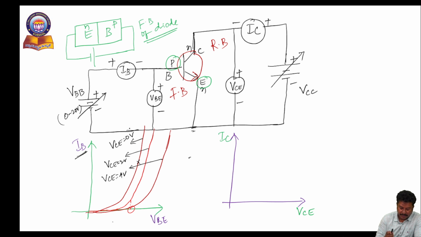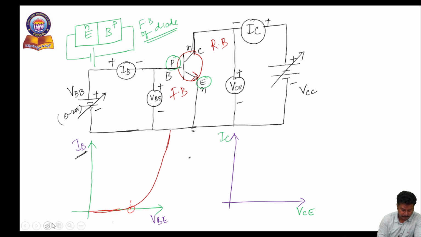Let me explain in detail. So these are the three cases, with VCE constant for each. Now I'm drawing a line vertically here.